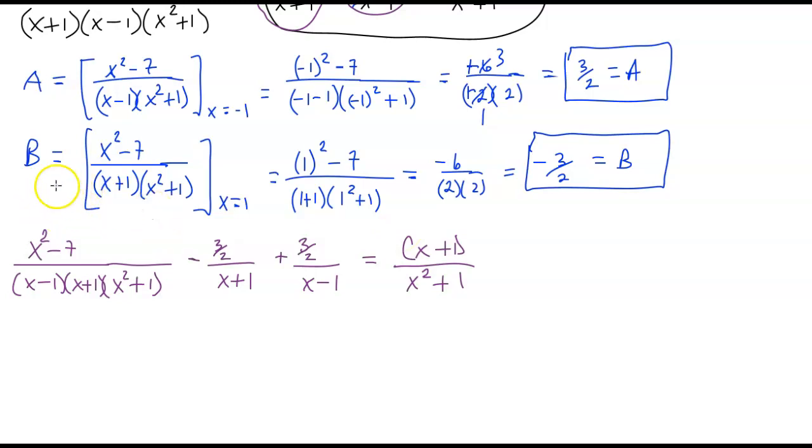The very first thing I'm going to do to make the arithmetic a little bit easier, since I have these fractions that I don't really want to deal with, is rewrite this fraction of 3 divided by 2 in the numerator as 3 and then put the 2 in the denominator.